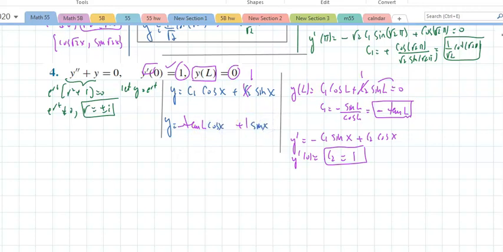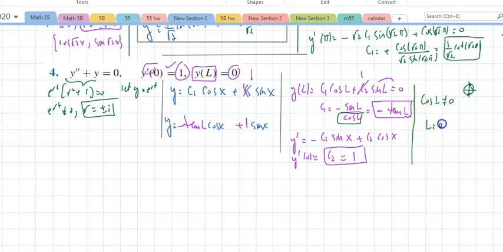But since this is in the denominator, I have to take this piece one step further and say, you know what? In this case, cosine of L cannot equal 0. Where does that happen?